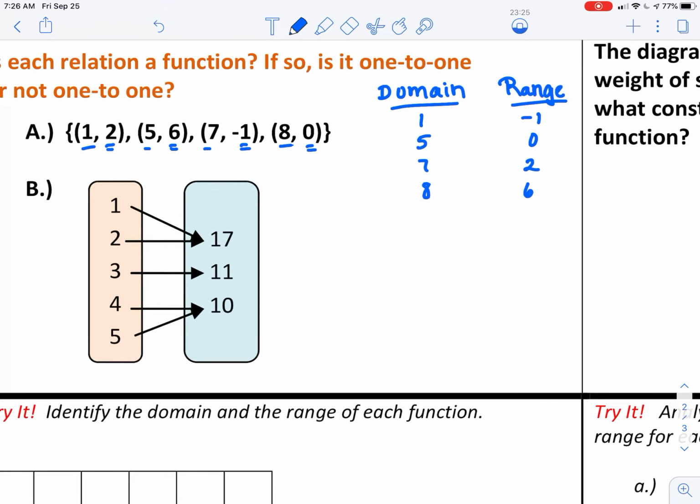Okay, so there they are in order. From there, we're going to go ahead and match those up as they are in their ordered pairs. So the first set was (1, 2). So we're going to draw an arrow to 2 from 1. The next set is (5, 6). So let's take our pencil and go from 5 and match it up with 6. We have 7 that goes to -1, and we have 8 that goes to 0.